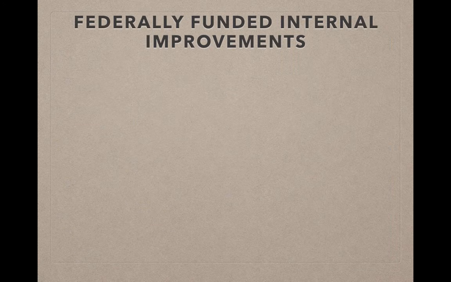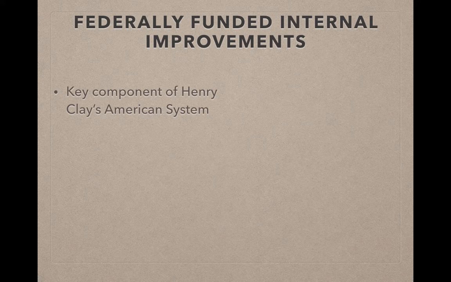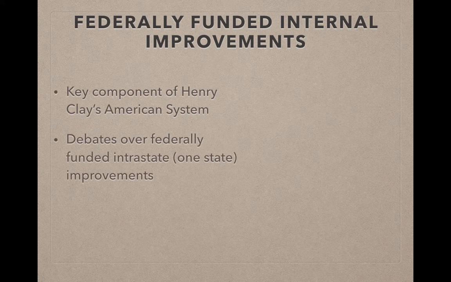Let's jump on over to federally funded internal improvements. This is a key component of Henry Clay's American System. This means that the federal government would pay for infrastructure, especially when it came to states. And there were debates over whether the federal government should fund intra-state or one-state improvements. Henry Clay favored it. People who were against this did not.